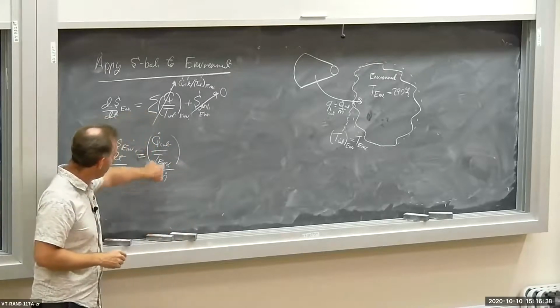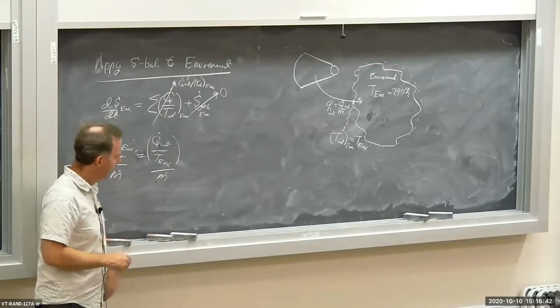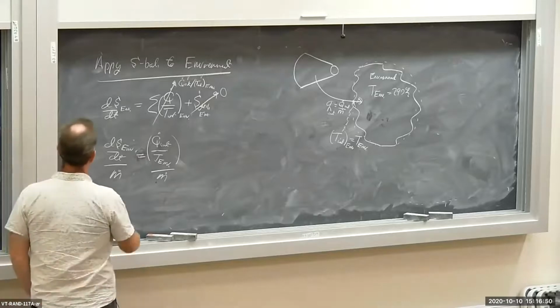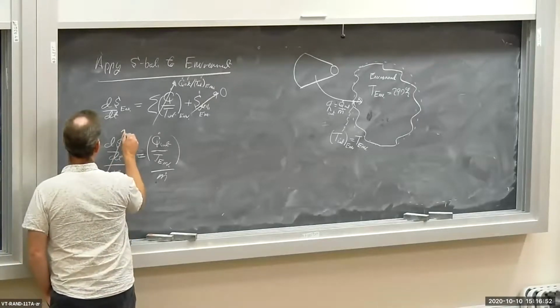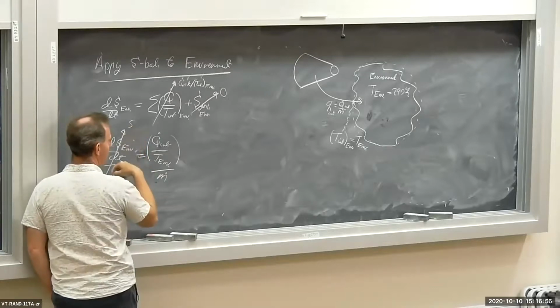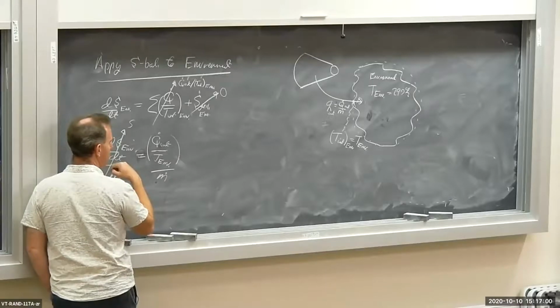I'll associate the m dot with the q dot out term, and I'll associate the m dot with the d S environment dt, and this becomes the change in entropy per unit mass flow in the environment.